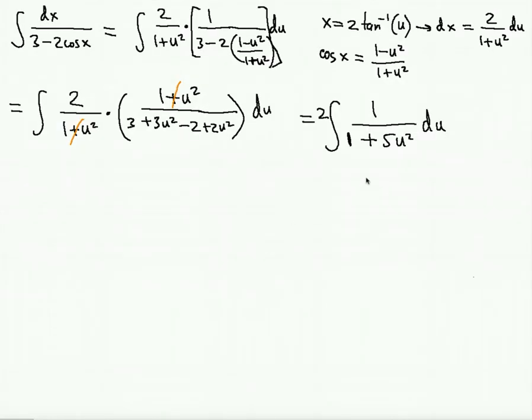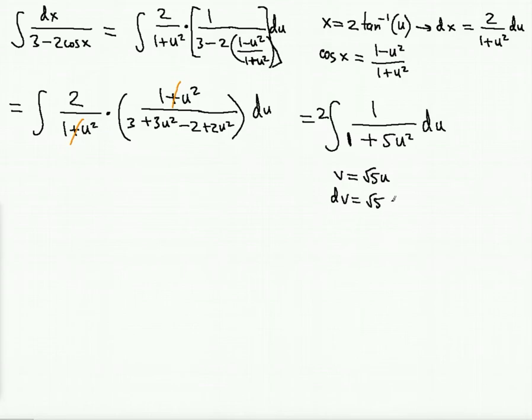Notice that now you can make the substitution v is equal to radical 5u. And why am I doing that? I'm doing that for the potential arctangent result of the antiderivative, right? Because if we let this whole 5u squared be v squared, then we will have set up an arctangent antiderivative as a result. So dv is going to be what?